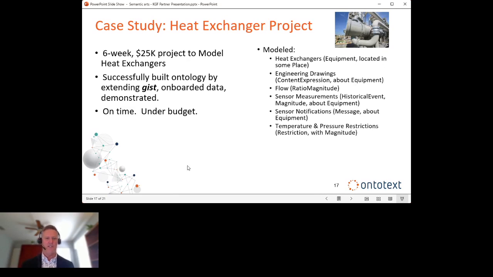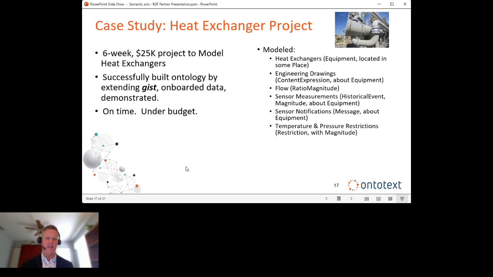As you might imagine, they're interested in heat exchangers with temperature and pressure, and they wanted to model restrictions on those. They want to know when some sensor is saying this heat exchanger is going out of tolerance for some pressure or some temperature. GIST already has a model of restriction, which ultimately is below that top-level intention. A restriction is really something you don't want to exceed.